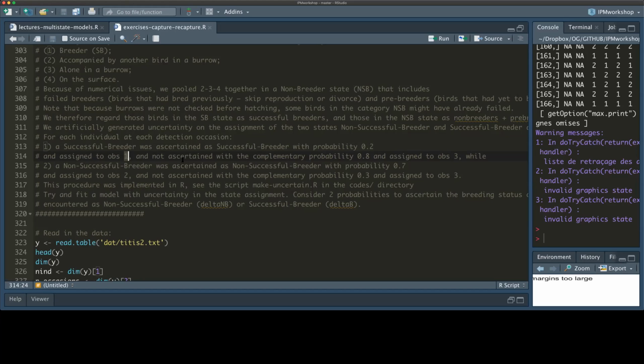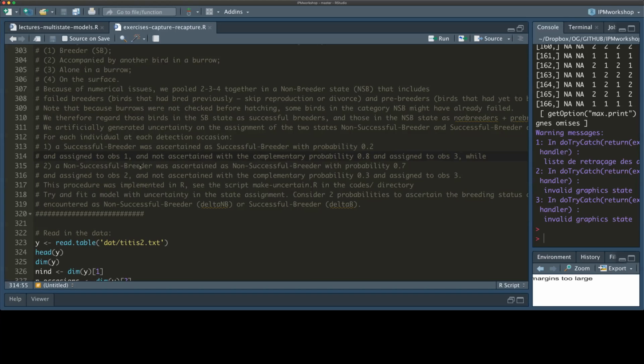And if it's not assessed, we cannot say that it's a successful breeder. We're going to say it goes in observation 3. You remember in the lecture example, with probability 0.8, the complementary probability.